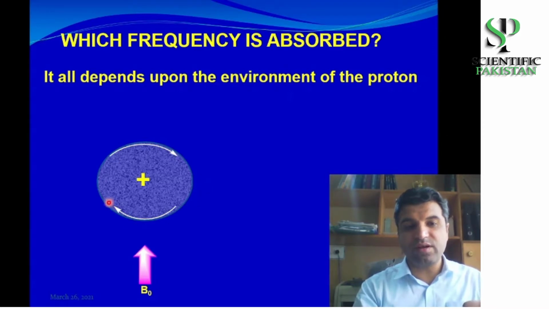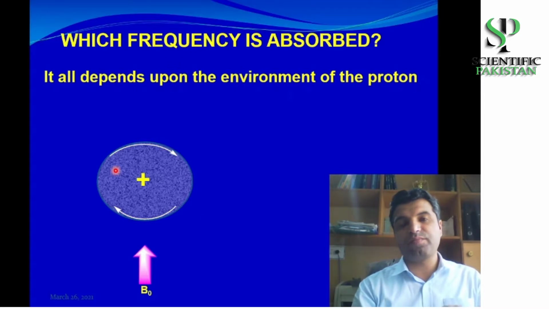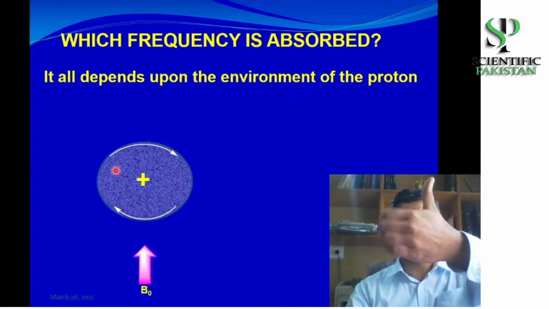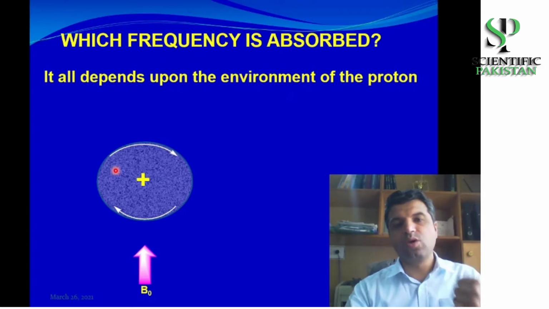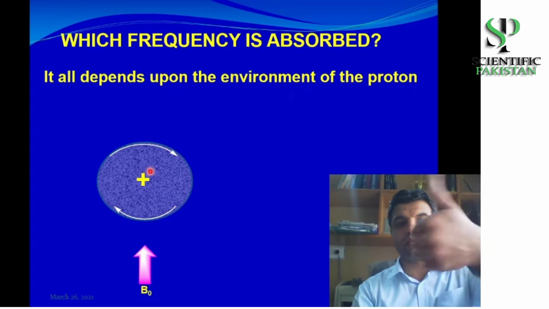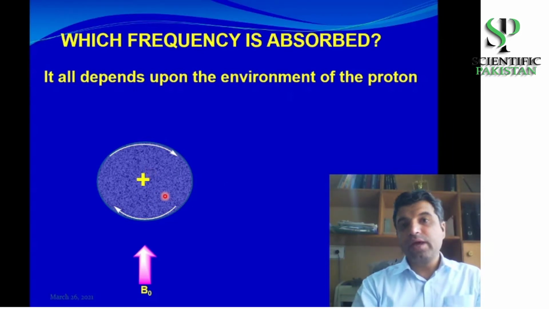So we have the movement of electrons here. This is from the left-hand rule. If the thumb of your left hand points in the direction of B naught, your curved fingers will show the direction of the movement of these electrons. So you take it as a horizontal electron cloud. B naught is pointing up, and you see that they are moving in this direction, counterclockwise, right?